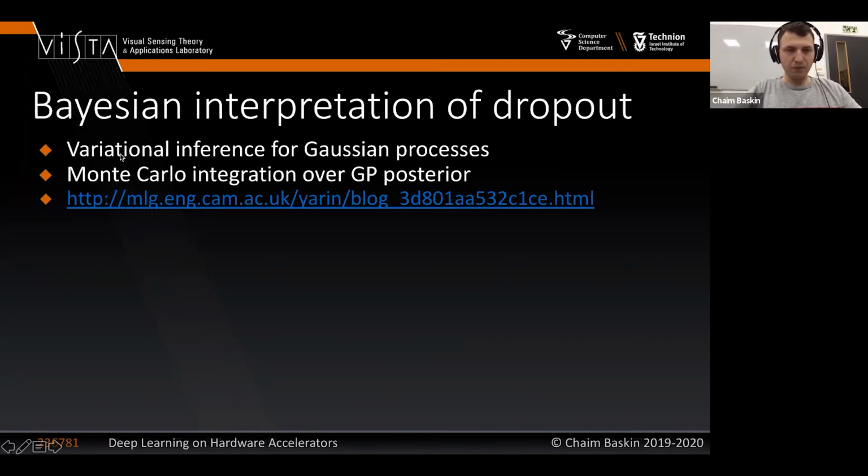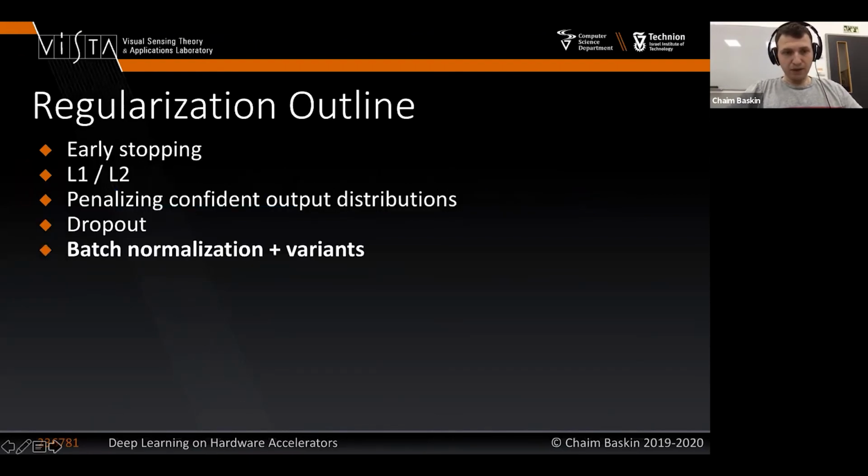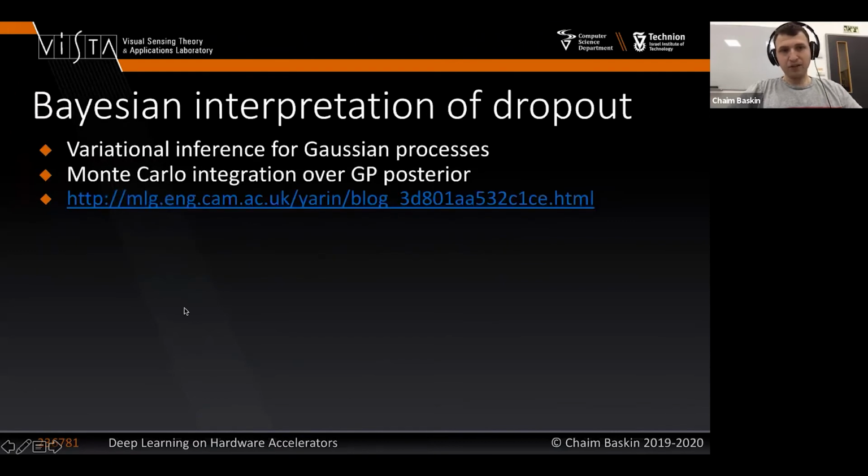Two common ways to use Bayesian interpretation of dropout are variational inference for Gaussian processes and Monte Carlo integration over a Gaussian process posterior. I am not emphasizing this, but if you want, you can look at this blog that talks about how you can see dropout as a Bayesian regularizer.